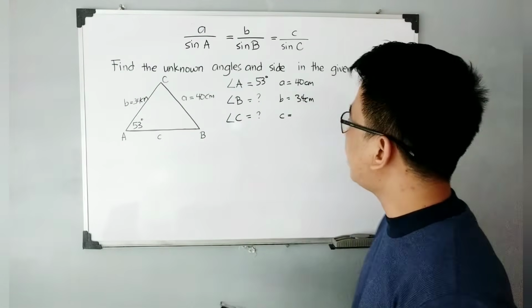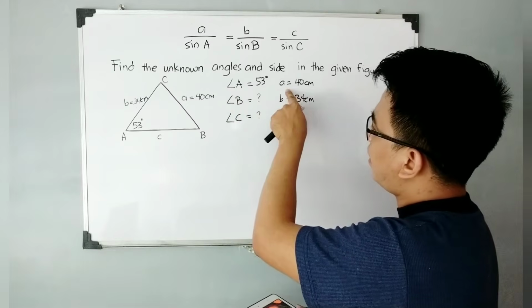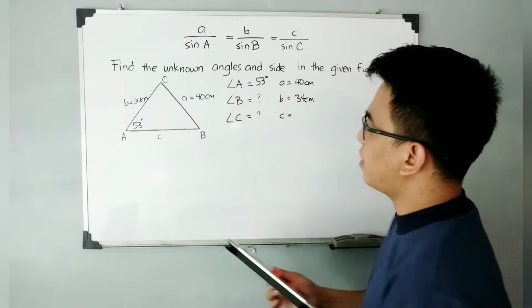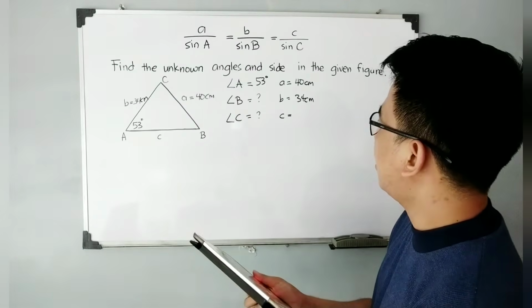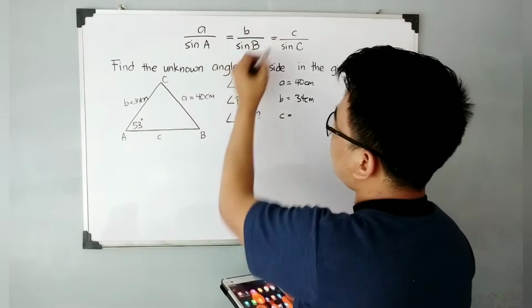So, una natin hahanapin dito since yung angle A natin sa A ay meron na. Tapos, yung B naman natin, yung angle niyang nawawala. So, we will solve first for angle B. Kung angle B ang hinahanap natin, we will use this ratio.